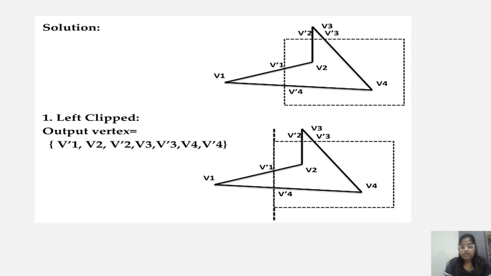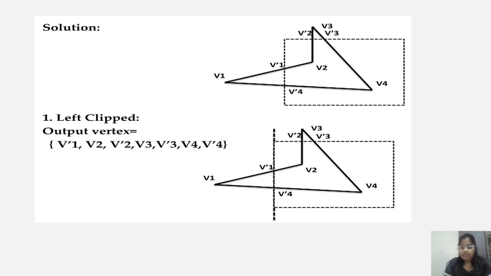So as we already know the order to clip a particular polygon, which is left followed by top, right, and then bottom. First, if we clip this particular polygon on the left side, then the left clipped output vertices will be V1 dash, V2, V2 dash, V3, V3 dash, V4, and V4 dash, because here the point goes from V1 to V2 and the intersection point is V1 dash.